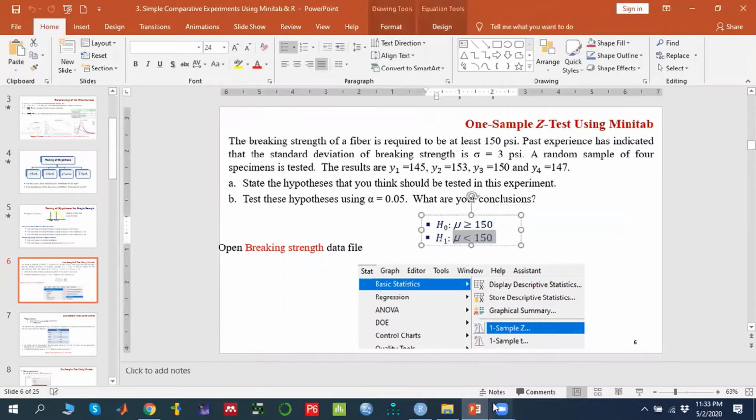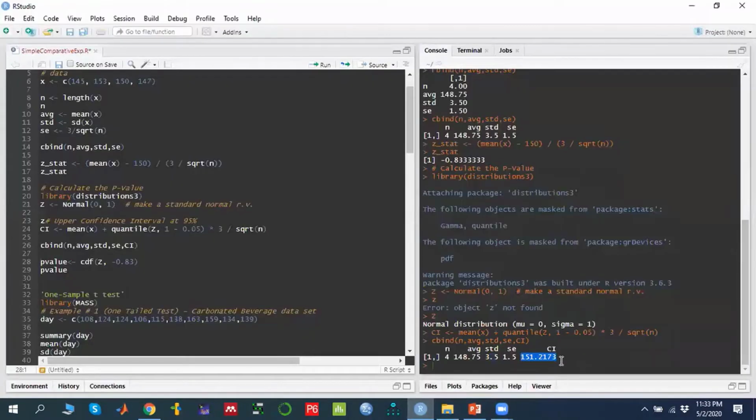Okay, so the population mean is less than the upper confidence interval, because right now our population mean is in the confidence limit range, because the upper confidence limit was 150.1.2173, and the population mean was 150.